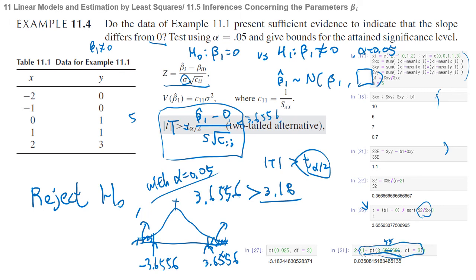This thing is the area here. We need two areas, so we multiply by 2, and this is our p-value. The p-value is 0.035, or maybe slightly different from this, since I may have made a mistake. Anyway, you can do the calculation this way.